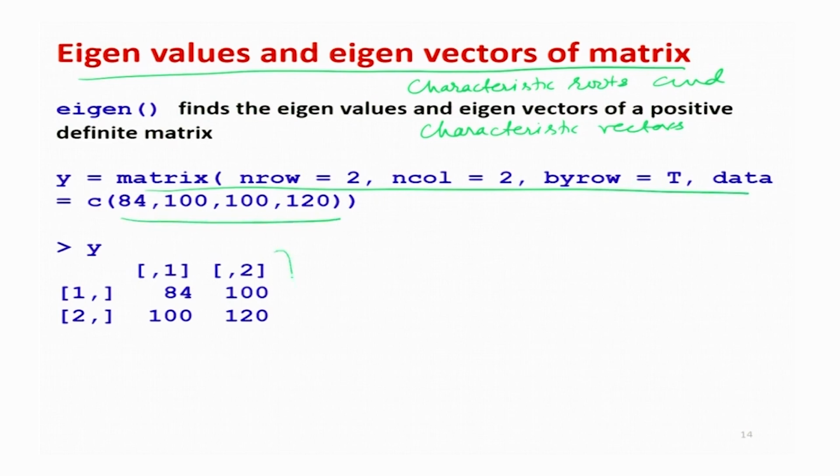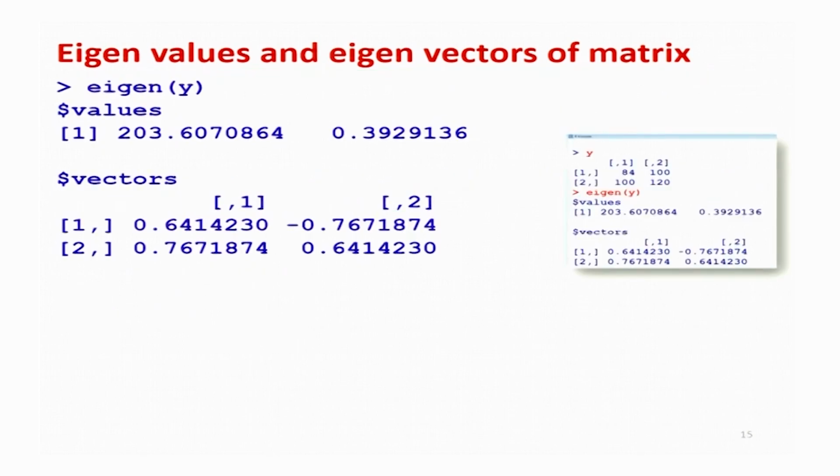So, this is the matrix Y, and then I try to find the eigenvalues and eigenvectors. The R command to find the eigenvalues and eigenvectors is eigen, all in lowercase alphabets, and inside the parenthesis you write the matrix.